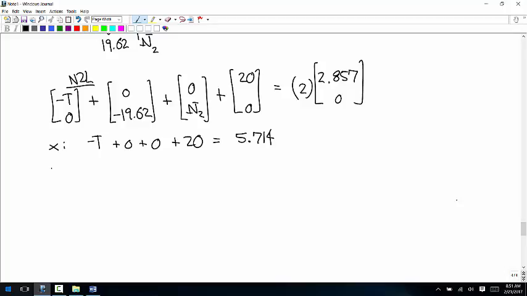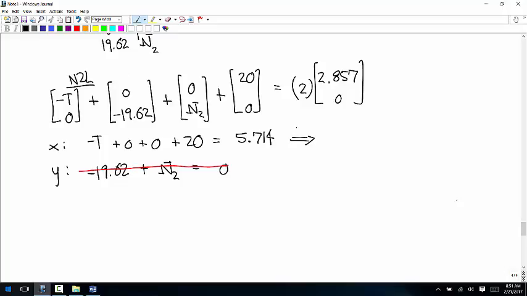Yay! Okay, and then the y equation says negative 19.62 plus N2 is equal to 0. This one doesn't help for what we're trying to find.